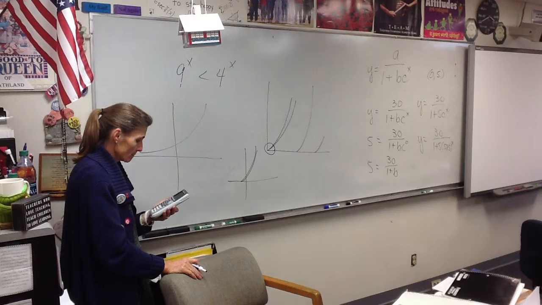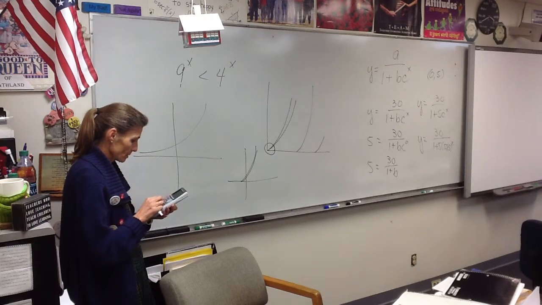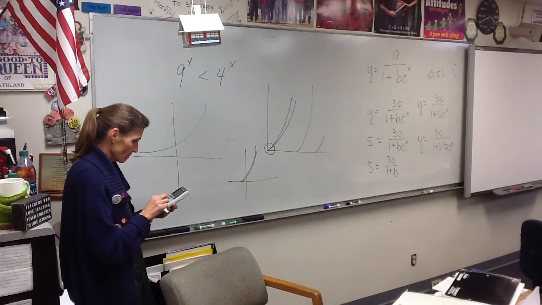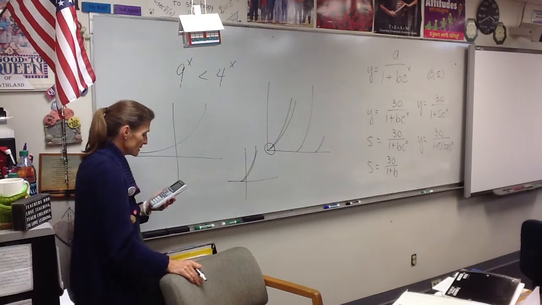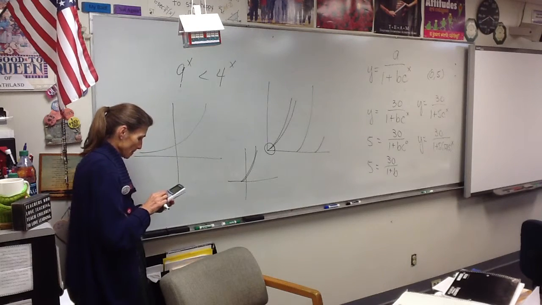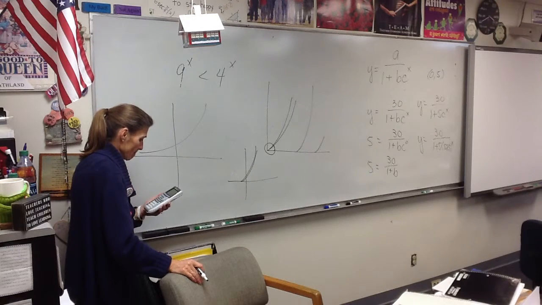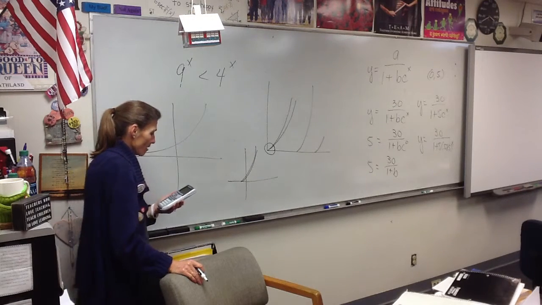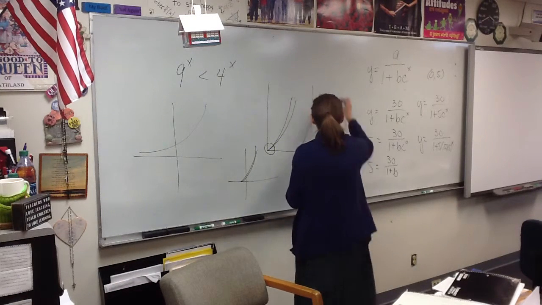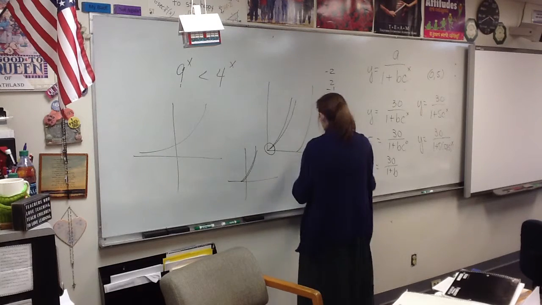Now I'm getting close. Keep at it till you see it. All right, I got a great picture now. My window on the x's is -2 to 2, and on the y's it's -1 to 2.